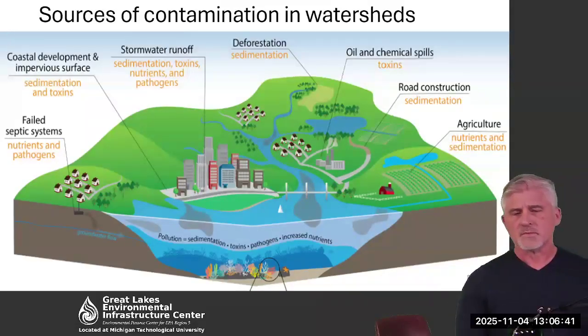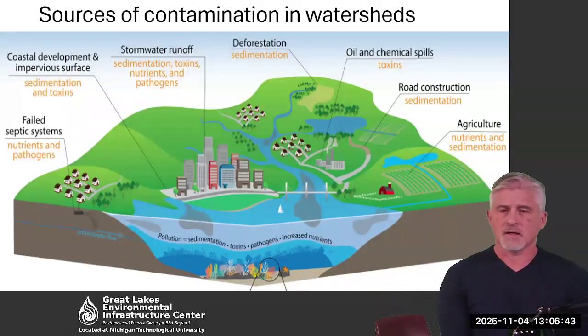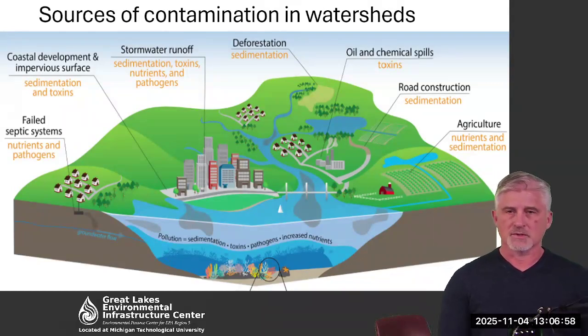So there's a lot of different places that we have concerns about contamination entering our surface water watersheds. Watersheds for surface water are similar to the wellhead protection areas that groundwater systems have. So we want to protect those areas, and we can look at all these. There's several different things from failed septic systems, the nutrients that can enter from that, the pathogens that can enter.